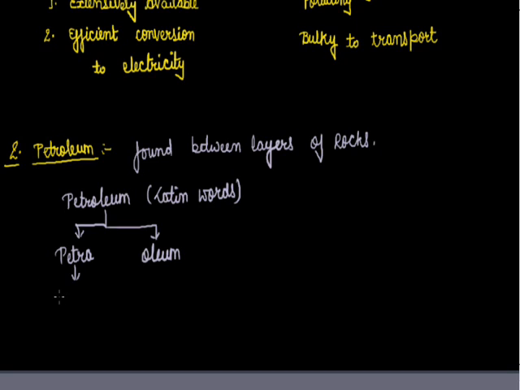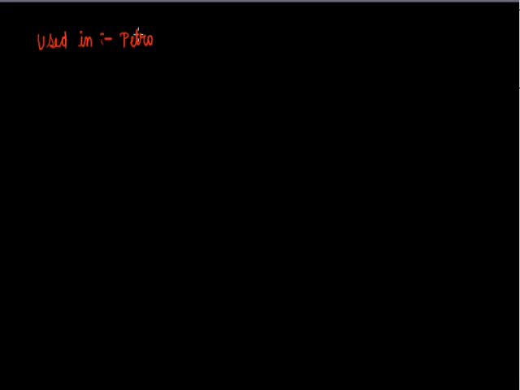Petra means rock and oleum means oil. That's why it is also considered rock oil. It is drilled from oil fields located in offshore and coastal areas. Then it is sent to refineries which process the crude oil and produce a number of products like diesel, petrol, kerosene, wax, plastic, etc. It is used in petrochemical industries.